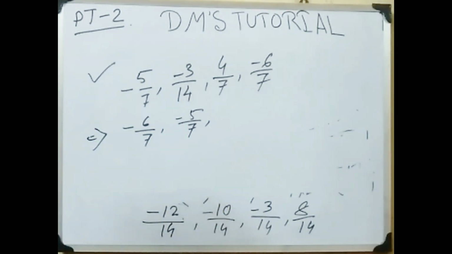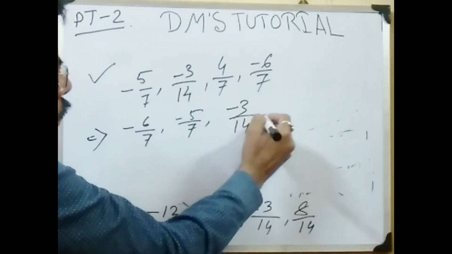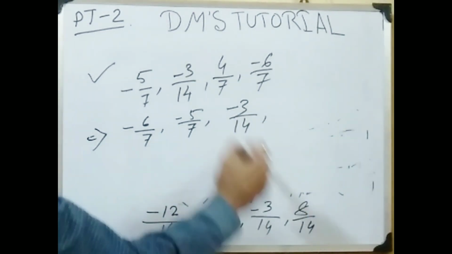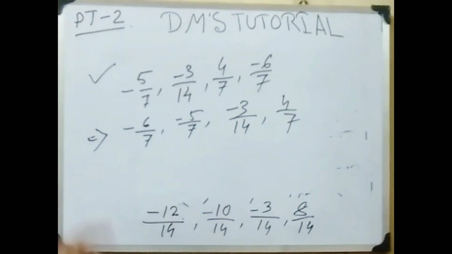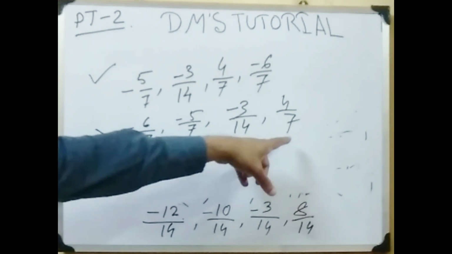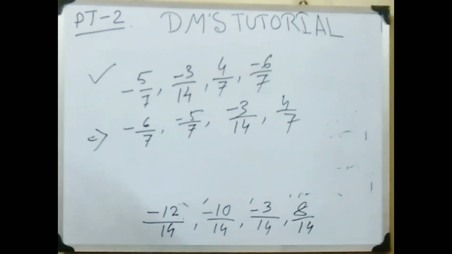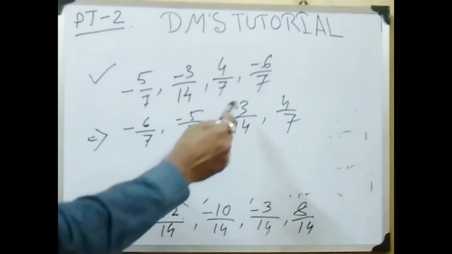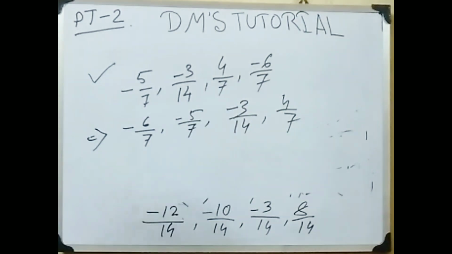Minus 3 by 14 is minus 3 by 14, and 8 by 14 is 4 by 7. We have got the result. This is the smallest one and this is the highest one, arranged in ascending order: minus 6 by 7, minus 5 by 7, minus 3 by 14 and 4 by 7.